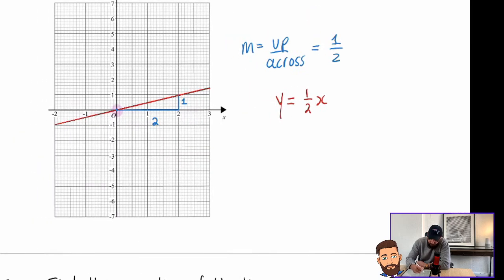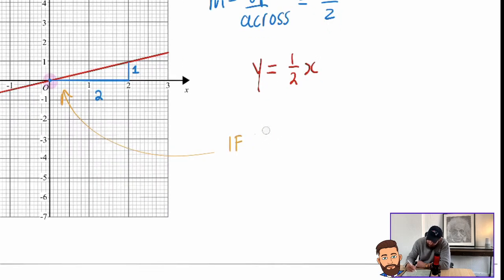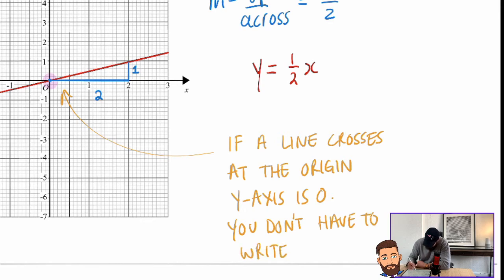If a line, any line, crosses at the origin, which means the y-axis is 0, you don't have to write plus 0 for c.